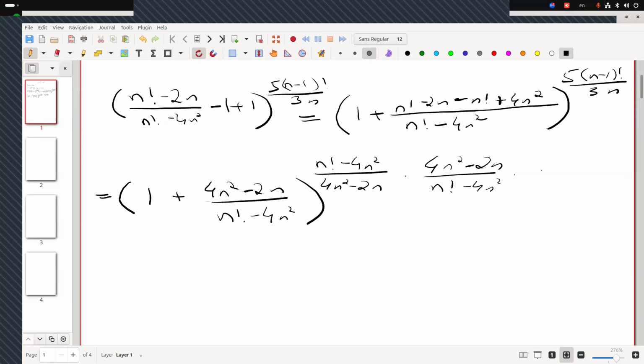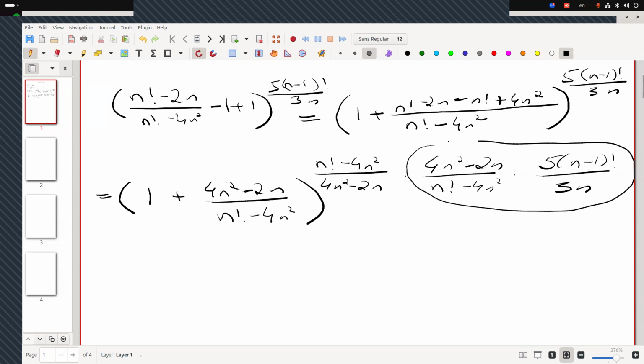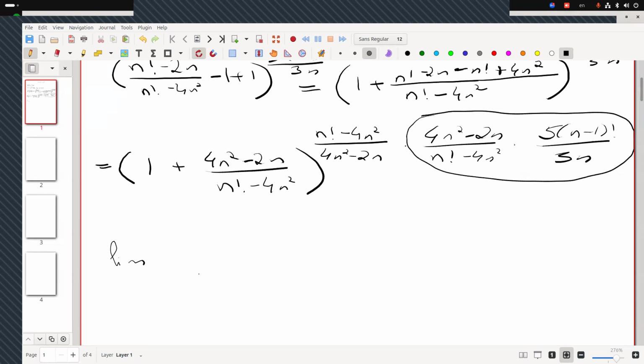And times 5 times n minus 1 factorial divided by 3n. Let's focus only on this part and find the limit of this part. So let's consider the limit of 4n squared minus 2n multiplied with 5 times n minus 1 factorial divided by, what do we have?